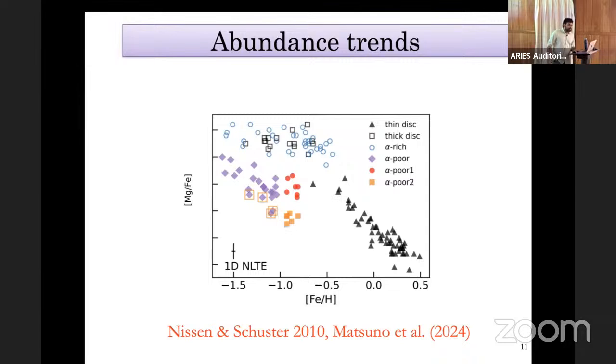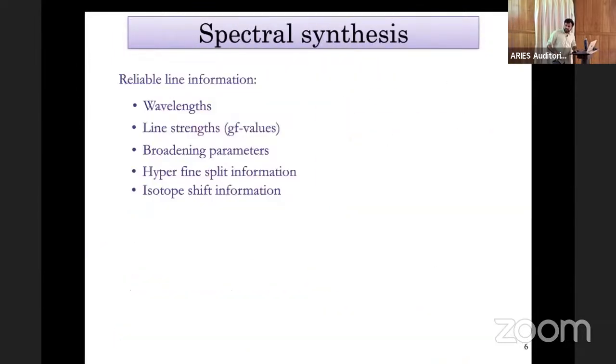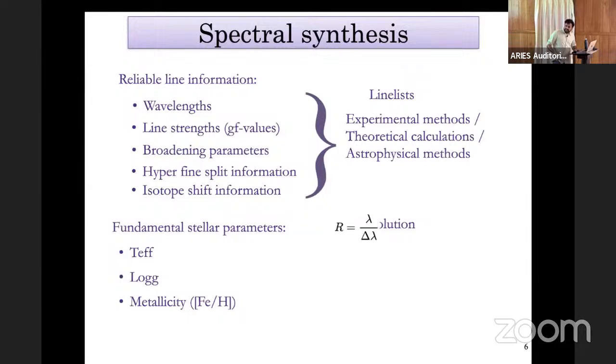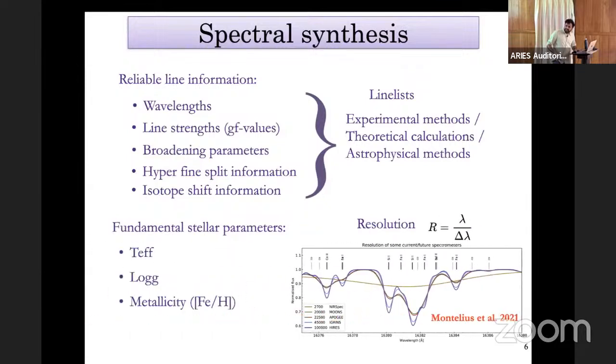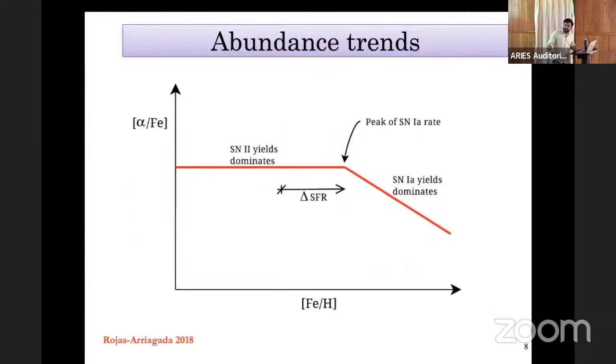Yeah. So that's because of the type 2 supernova dominating at that range for the stellar population, basically. So that's what I showed earlier here. So here, when the type 2 supernova dominates, it's mainly the alpha elements that are being produced. As a result, the alpha to iron ratio is more or less constant.